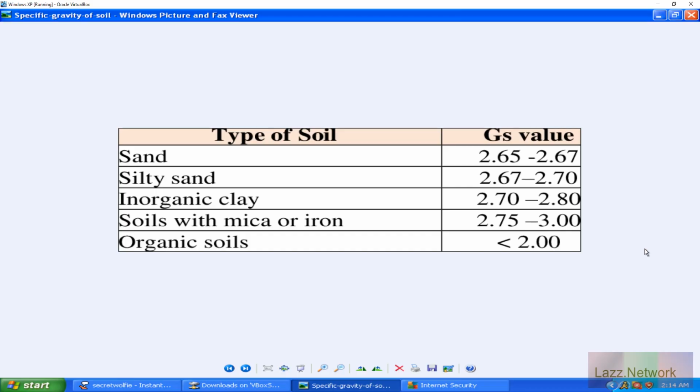Typically, the density of water is 1, and it also depends on your temperature. For Fahrenheit, if it's 77 degrees Fahrenheit, your specific gravity of water is typically 1.